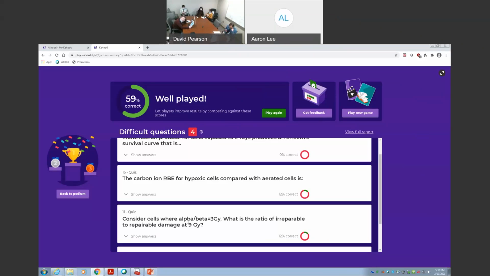And that was for the heavy ion one. Their explanation: clinically relevant 75 MeV per nucleon argon ions have LET of 250 keV per micrometer.